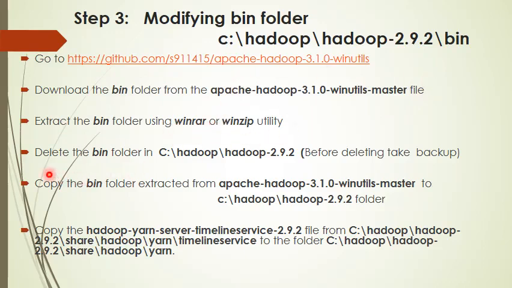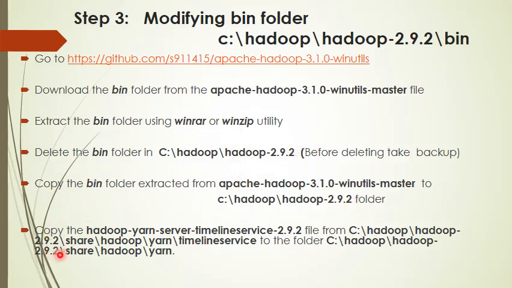Now delete the bin folder from C:/Hadoop/Hadoop 2.9.2. This is the default bin folder which was available when we installed Hadoop. So delete it and copy the bin folder which we extracted from this website into the same place.